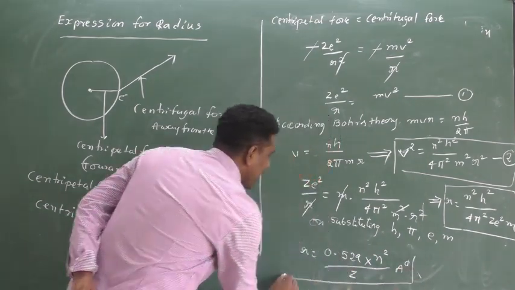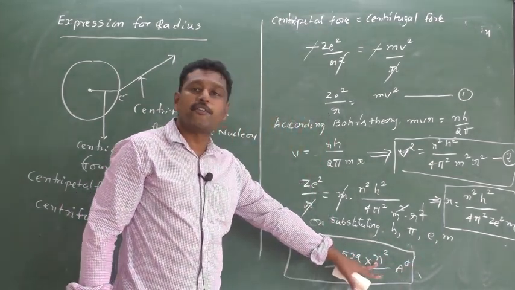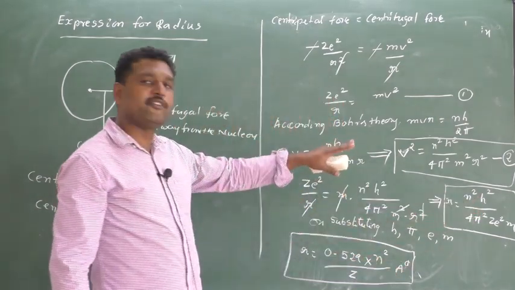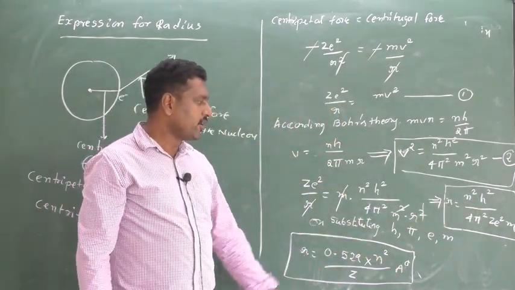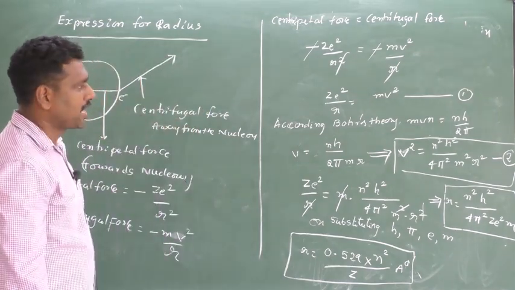This is the expression for the radius. n is the number of the orbit, 1, 2, 3, 4 and so on, and Z is the atomic number.